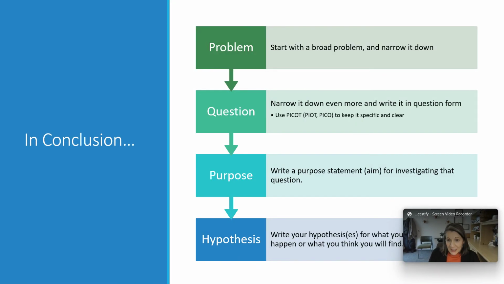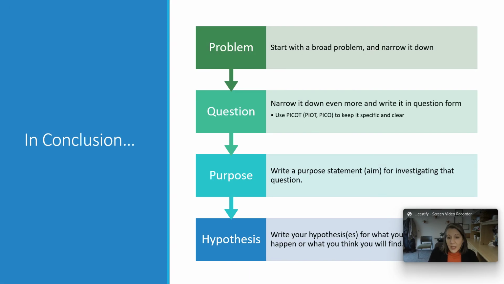So in conclusion, with the research problem, you want to start with a broad problem and narrow it down, like that funnel that we've talked about previously. The research question is going to be narrowed down even more to what's the little bite that we can get in this particular study.